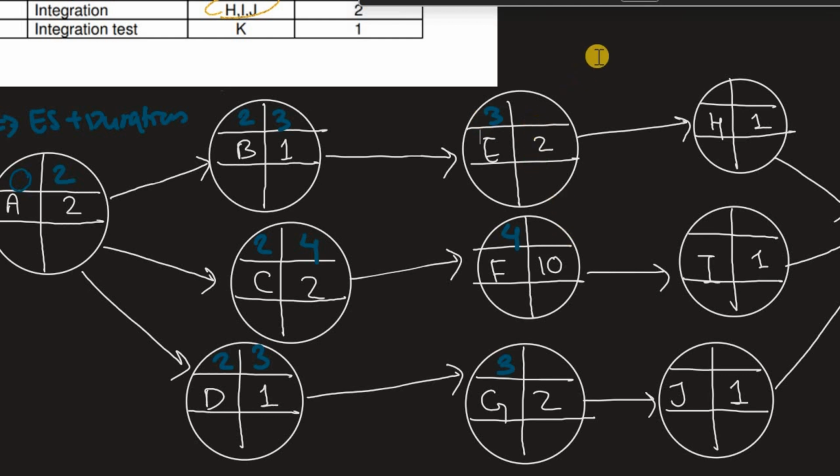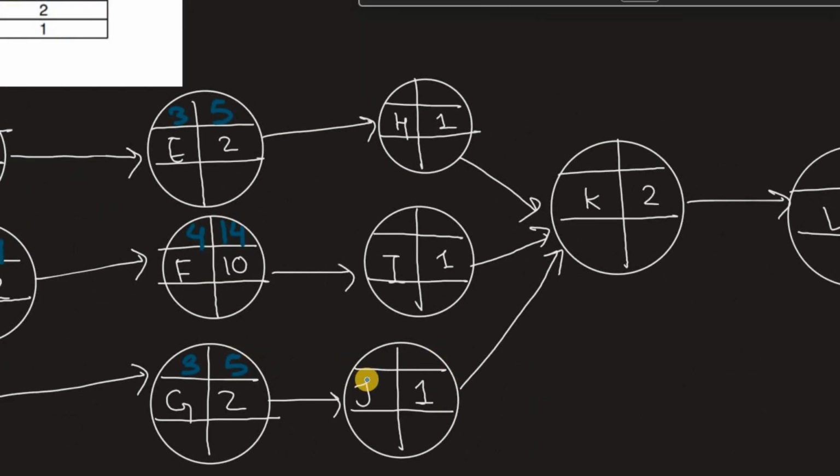To find the earliest finish, we simply add the duration. So 3 plus 2 is 5. Again, the earliest start is the earliest finish of the last one, so 14 and 5. Then we add again, so 6, 15, and then 6.